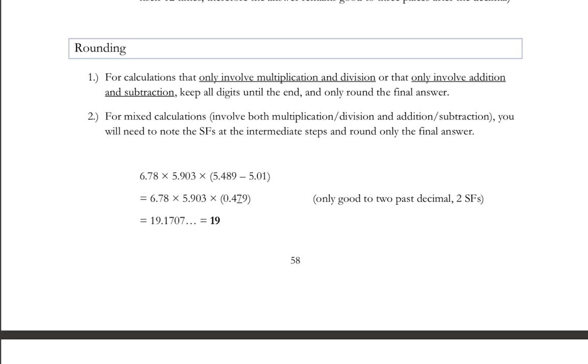So we end up with 0.479, but that's only technically good to 2 sig figs. Now we keep the 0.479 as we do the other multiplying, but in the end we have to realize that 0.479 is only good to 2 sig figs. So in the end we would round to only 2 sig figs, the 19.